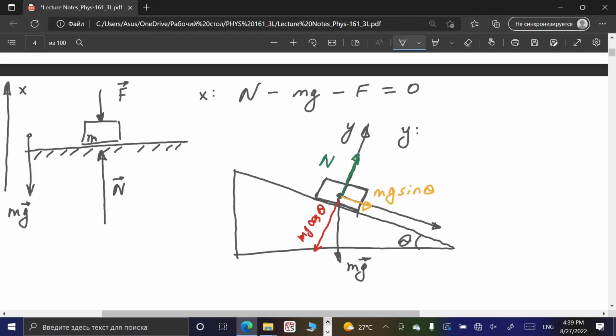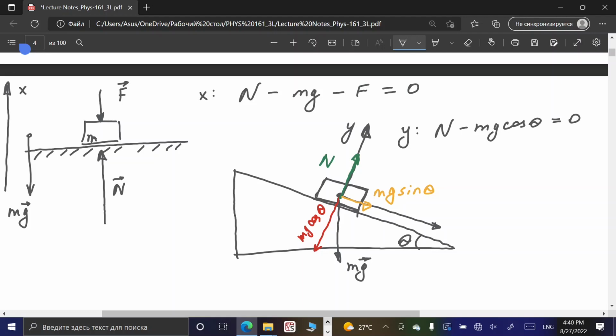In order to follow the positive direction of axis y, it will be N minus mg times cos theta, that is equal to 0, because there is no motion along axis y. It just slides on the surface of this inclined surface along axis x.